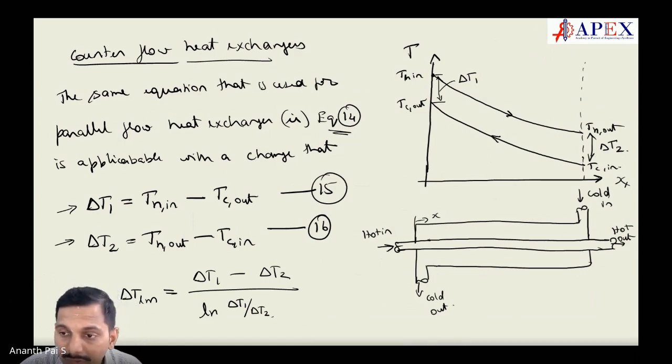Here, delta T2 is TH out minus TC in. What is the main reference? Hot fluid is the reference. In both the cases, hot fluid is the reference in calculating the delta T's. I hope it's clear. So this is equation 14 itself.